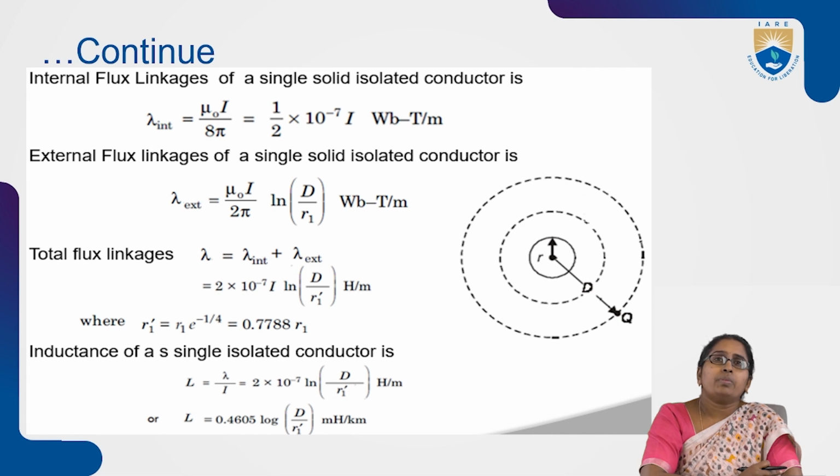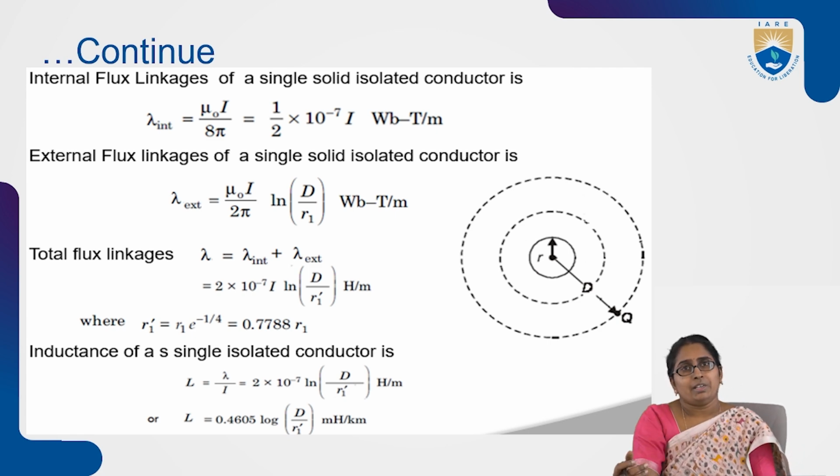Now, finally, inductance is given by total flux psi by I, which is 2 into 10 power minus 7 log capital D by R dash. So that is the expression for the single isolated conductor.